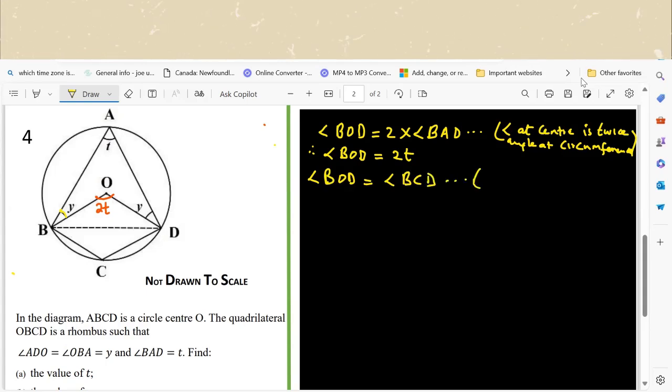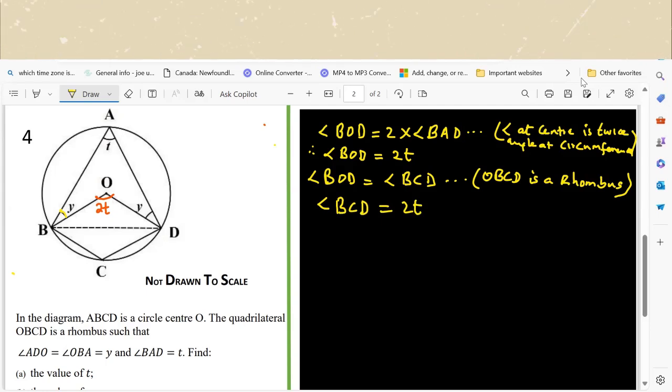And the reason is because OBCD is a rhombus. So we now go on to say angle BCD is also 2T.